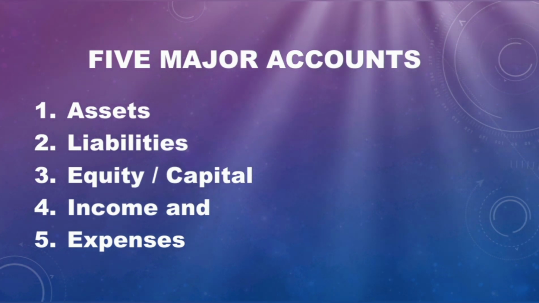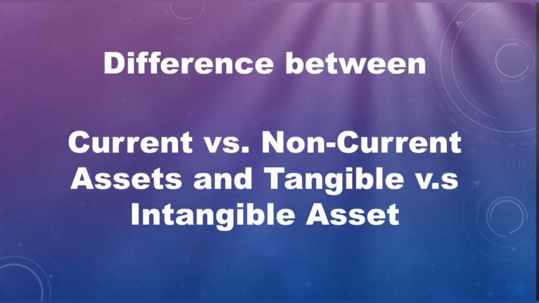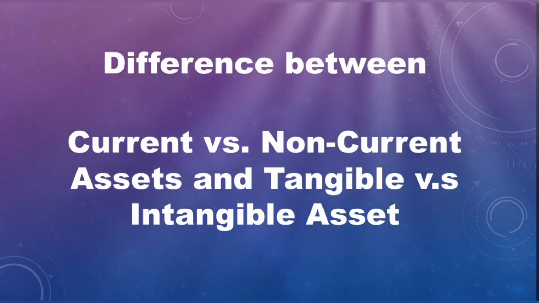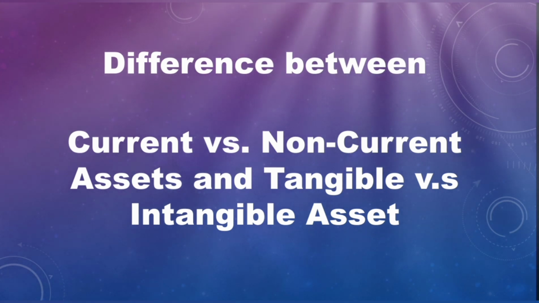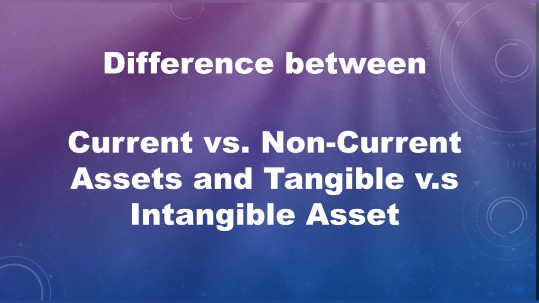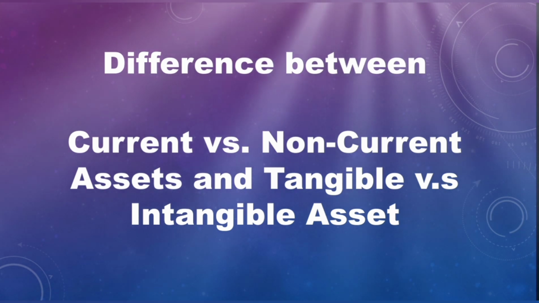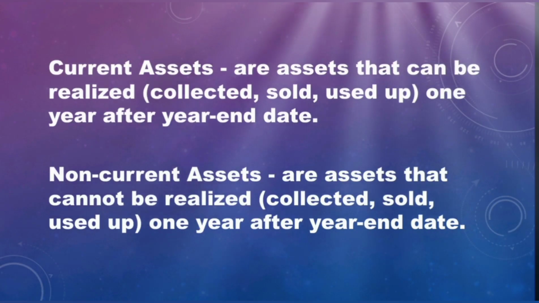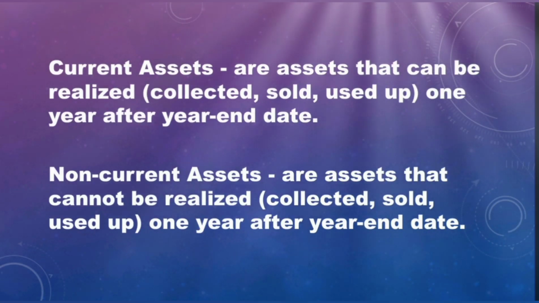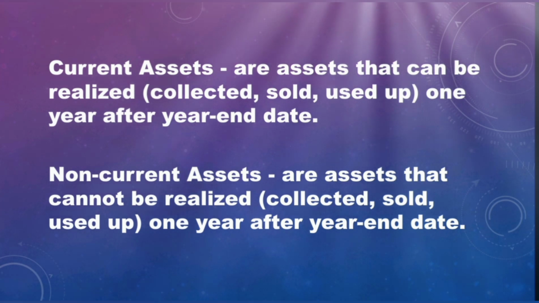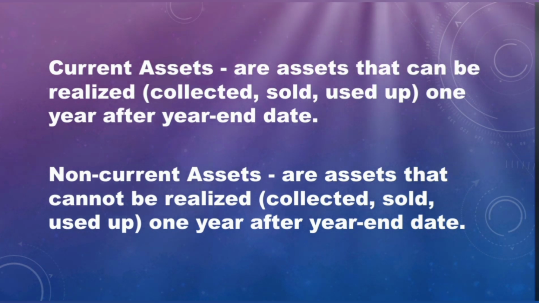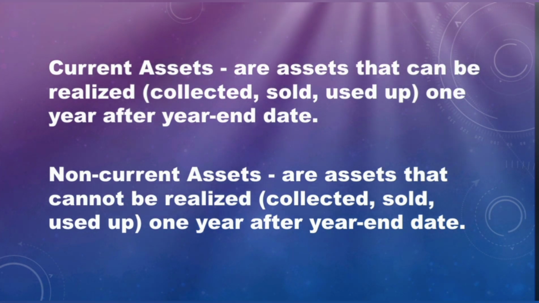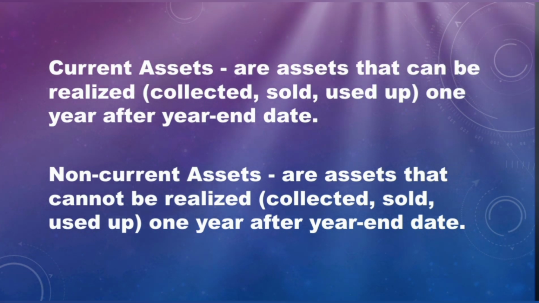So that is expenses. In assets, we are going to discuss the difference between current versus non-current assets and tangible versus intangible assets. Current assets are assets that can be realized, collected, sold, or used up within 1 year after the year-end date.